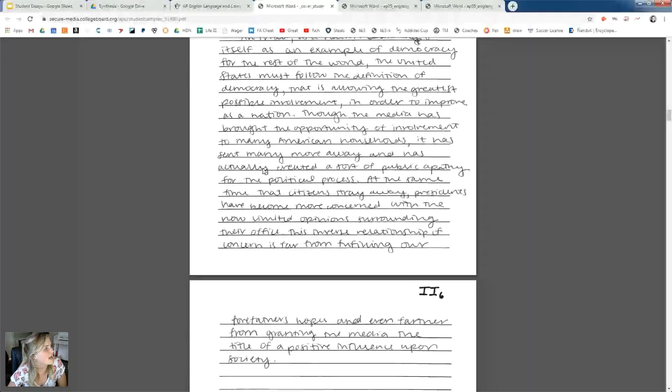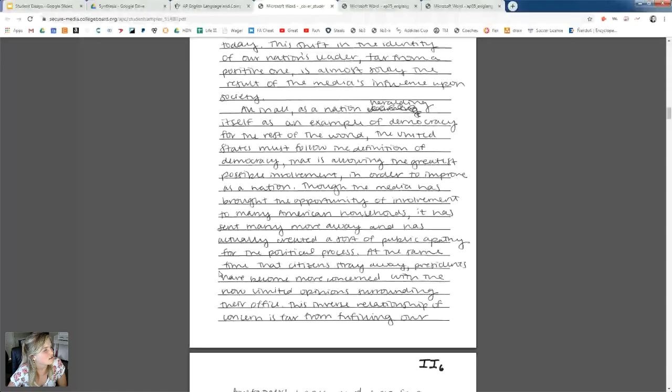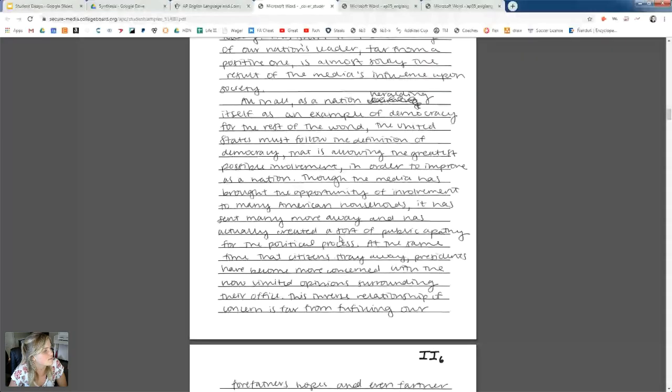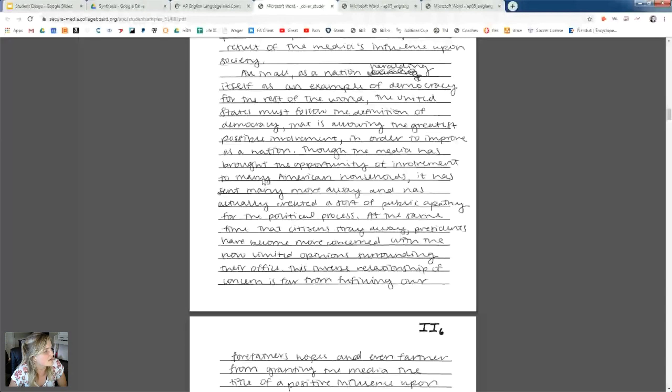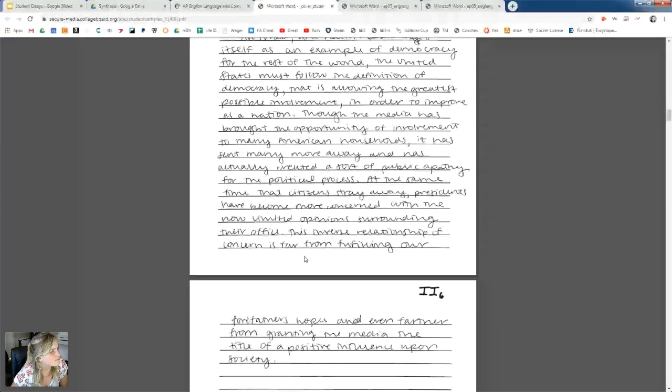It says, and in all, as a nation itself is as an example of democracy for the rest of the world, the United States must follow the definition of democracy, that is allowing the greatest possible involvement in order to improve as a nation. Though the media has brought the opportunity of involvement to many American households, it has sent many more away and has actually created a blank of public opportunity for the political process.